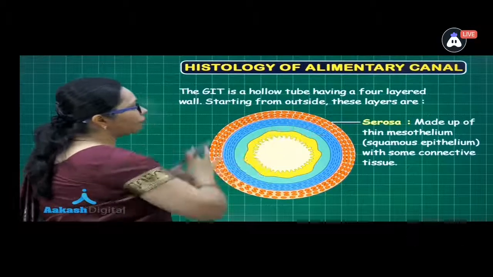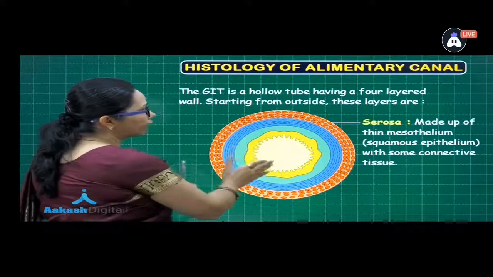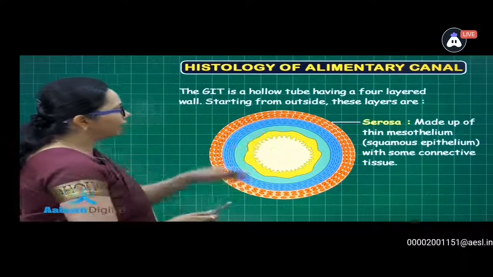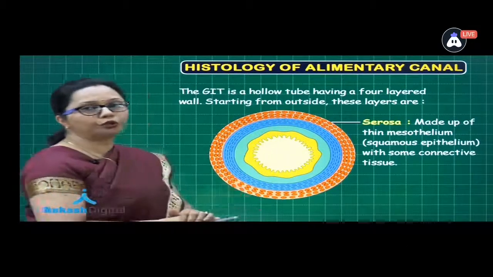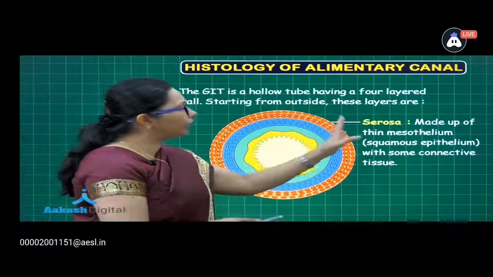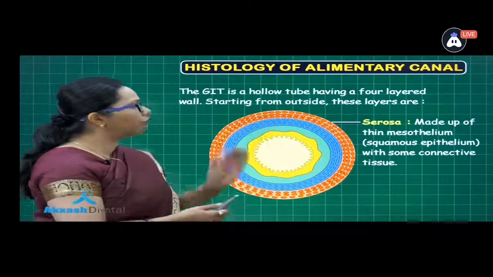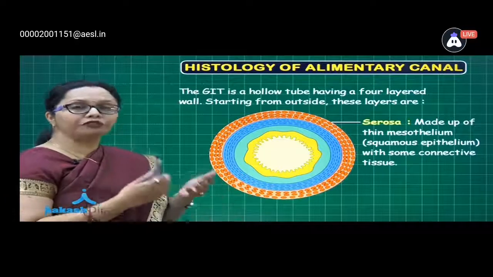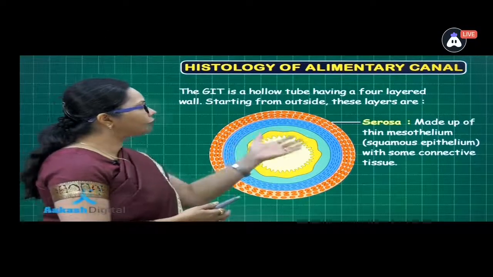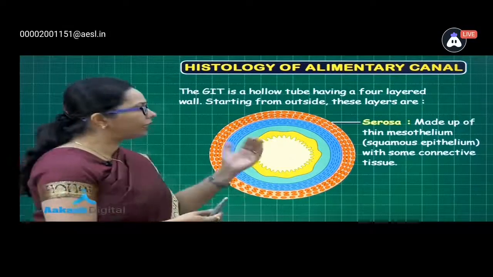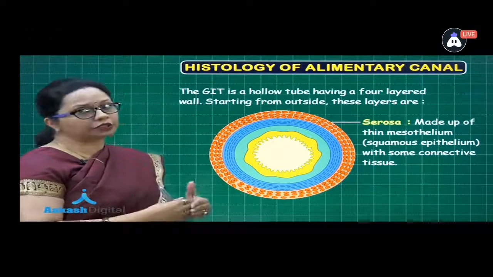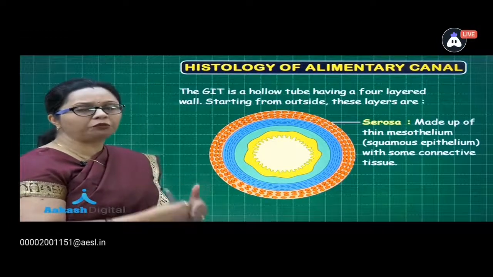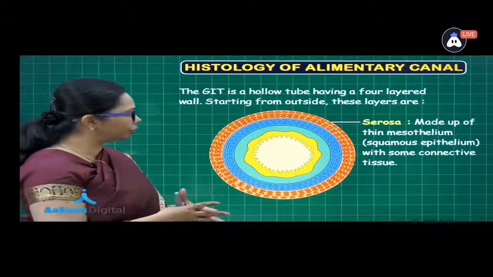And this entire tube, if we see the tissue structure, has 4 layers, and starting from outside, the outermost layer is called serosa. This serosa is made up of a thin mesothelium, which is nothing but squamous epithelium or our visceral peritoneum, and with some connective tissue, because wherever there is epithelium, below the basement membrane there is some amount of connective tissue present.